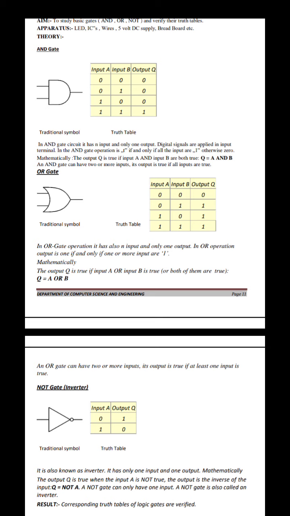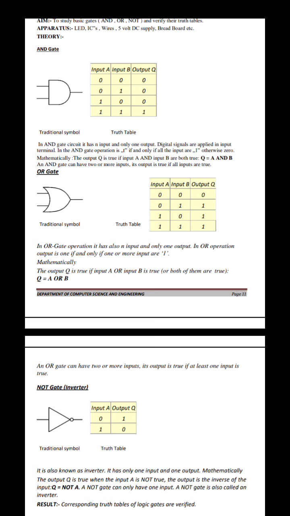Here also, similar to the AND gate pin diagram, 1 and 2 are the inputs, 3 is the output, 4 and 5 are the input pins, 6 is the output pin. Then 13 and 12 are the input pins and 11 is the output pin. 10 and 9 are the input pins, 8 is the output pin. So how do we develop the circuit diagram?